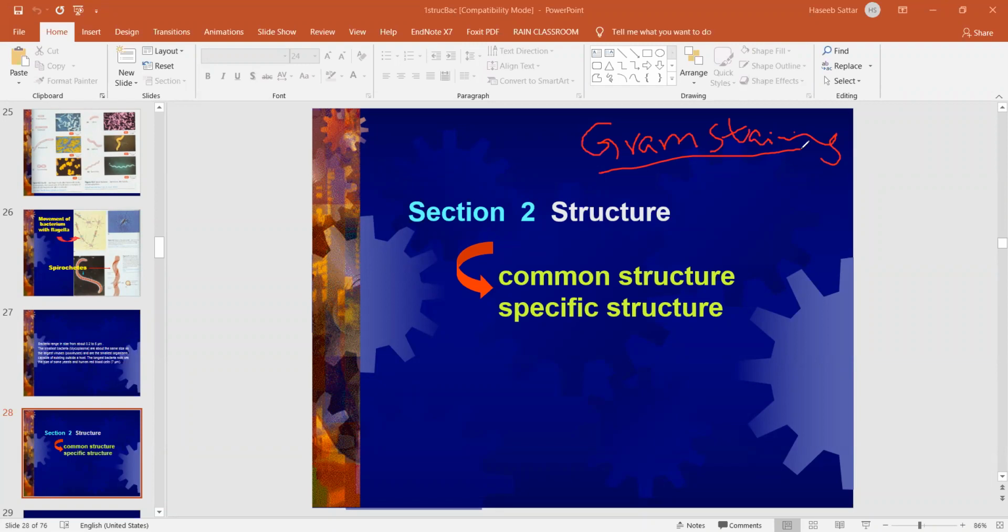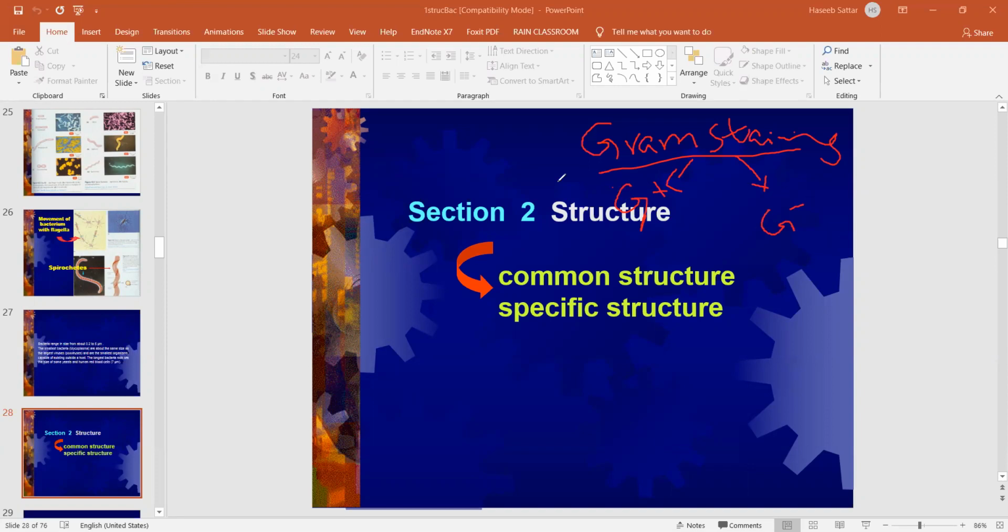Those bacteria which retain the dye are known as gram positive bacteria, and those which do not retain the dye are known as gram negative bacteria.